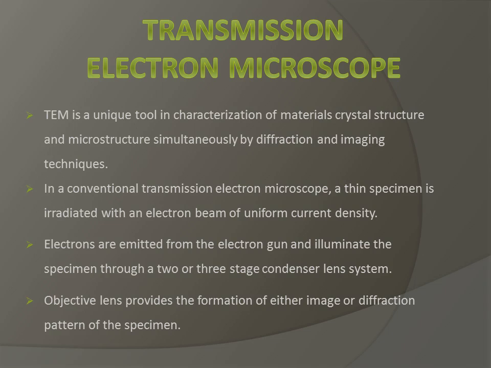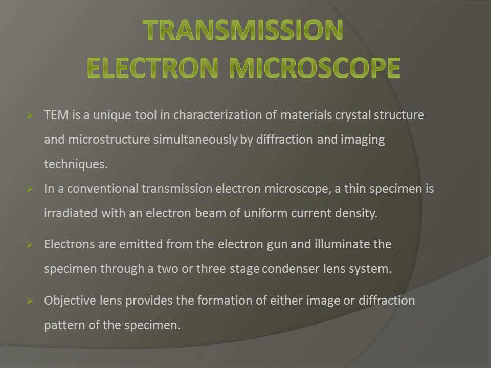The second one is that in the conventional instrumentation, a thin specimen is irradiated with an electron beam of uniform current density. We know that here the electron beam is considered as the source, and from the electron gun the electrons are emitted and illuminate the specimen through several stages.